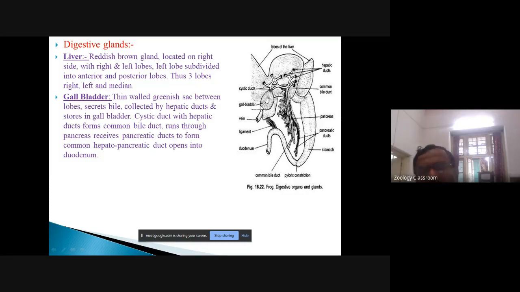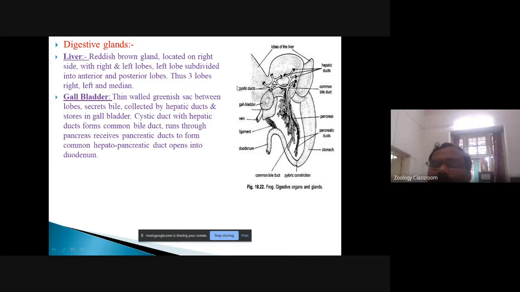Gallbladder. What is the gallbladder? The gallbladder is a thin-walled, green-colored sac, and it is located between the lobes. Actually, the gallbladder stores the bile, and it liberates that bile into the duodenum, the initial portion of the small intestine.